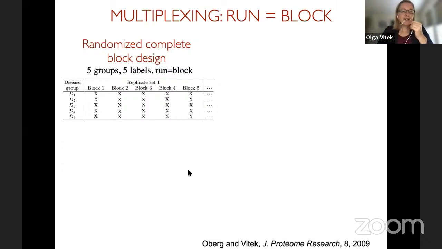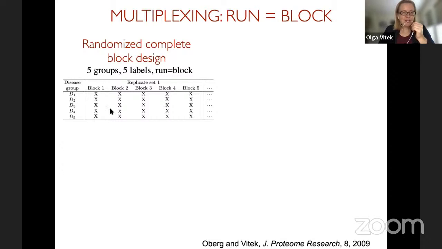This is a simplification, from an older paper that I wrote with Ann Oberg a long time ago, which turns out to be very relevant currently. Let's say we have 5 disease groups, and let's say we also have a multiplex experiment with 5 labels, just so that I can draw the picture easily. So then things are kind of clear. We have one block, so one mixture, one plex, which will have one biological replicate from each disease group.